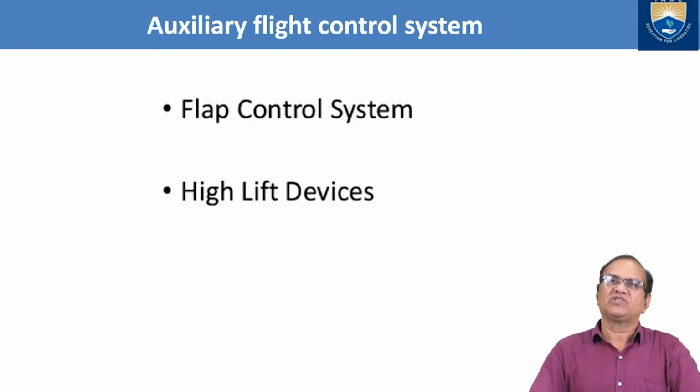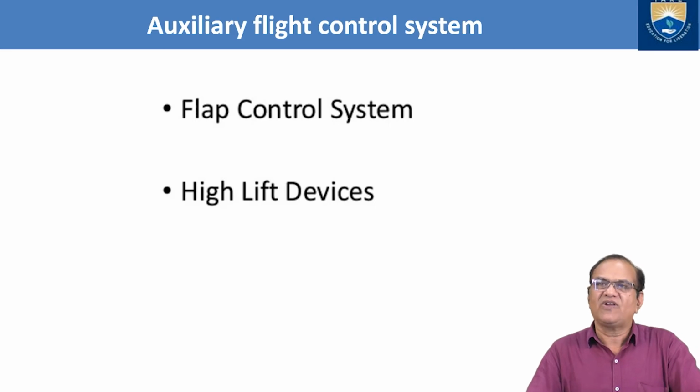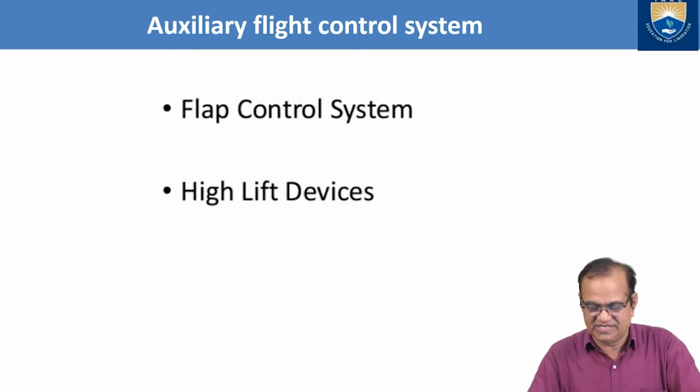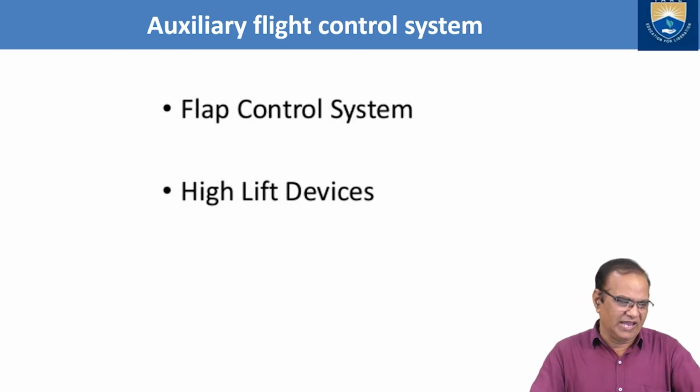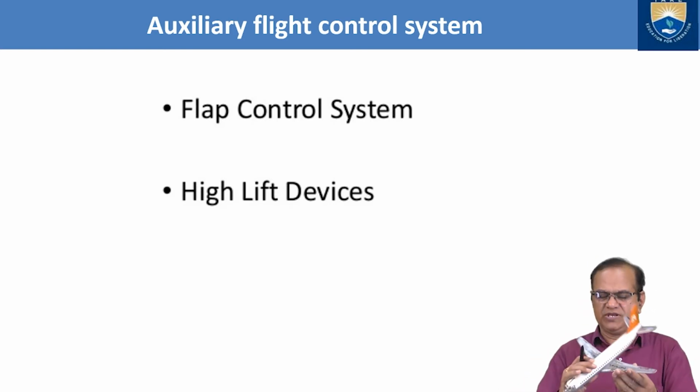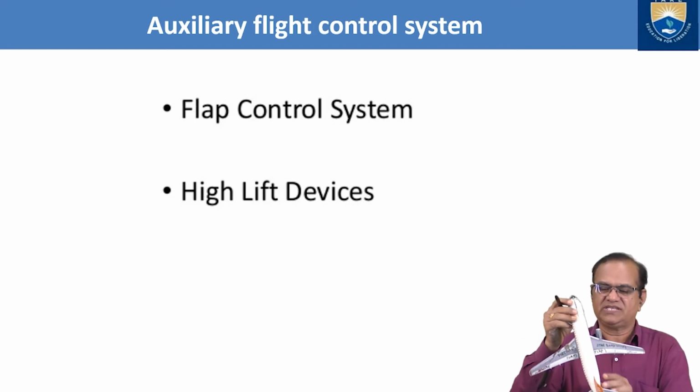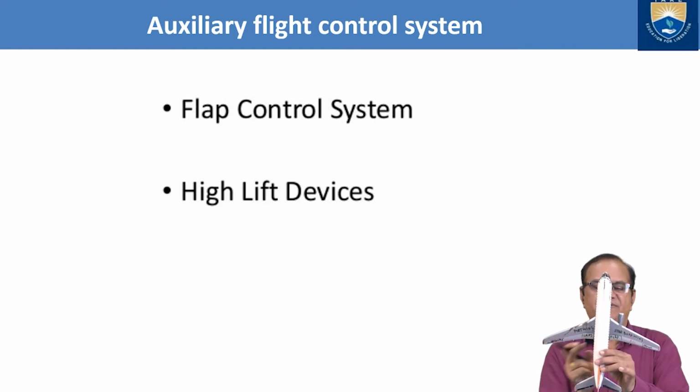Now I will talk about the auxiliary flight control system. In the auxiliary flight control system, we have basically two main types of flight control. They are called the flap control system and the high lift devices. So flap, I can show you here. If you see here, these are the flaps.